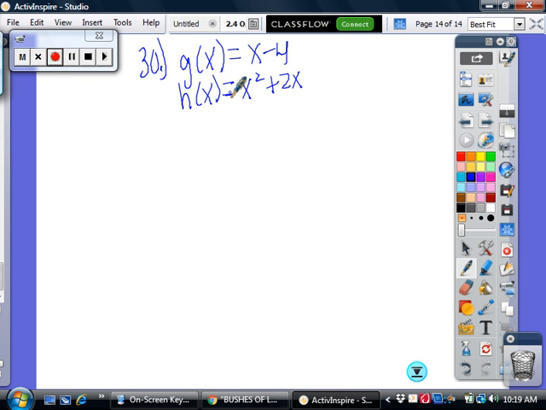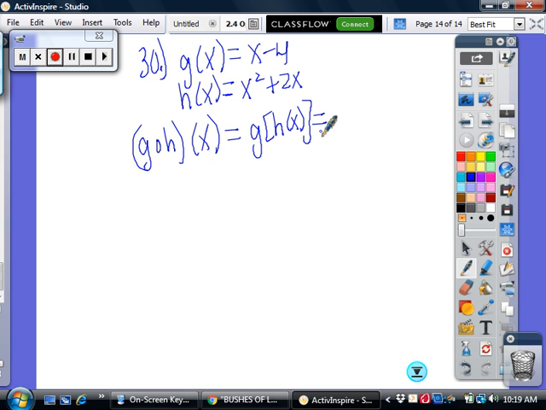Okay, find g of h of x. Do it all. I'm going to try to be quiet and let y'all figure it out, and then we'll work it together. Is your answer this?